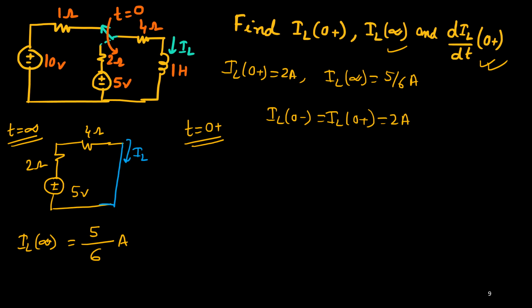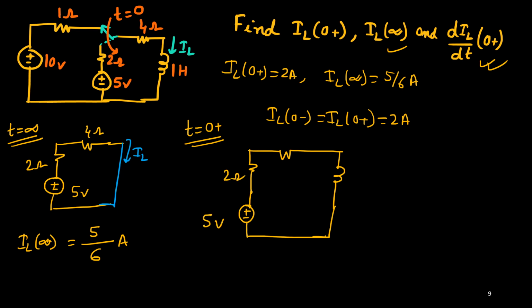So this circuit is now this one. This is your 5 volt source, this is your 2 ohm, this is your 4 ohm, and this is 1 Henry.